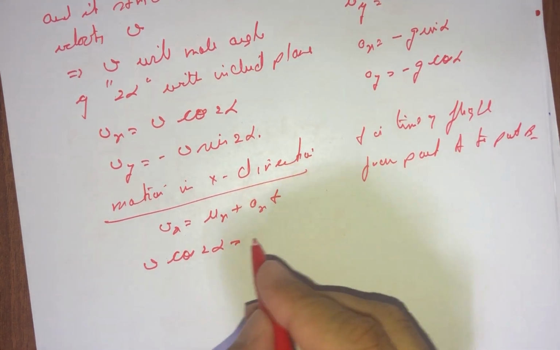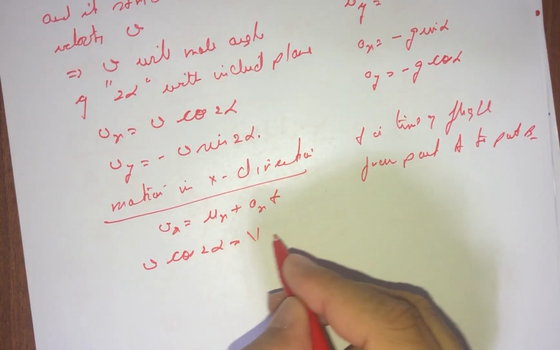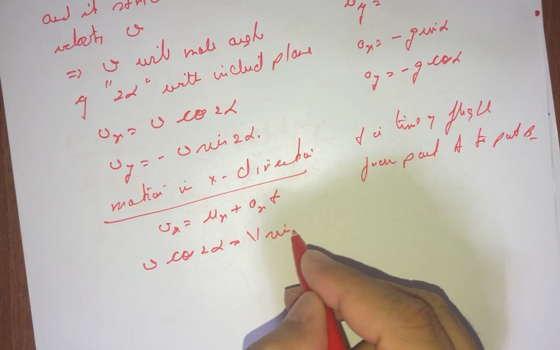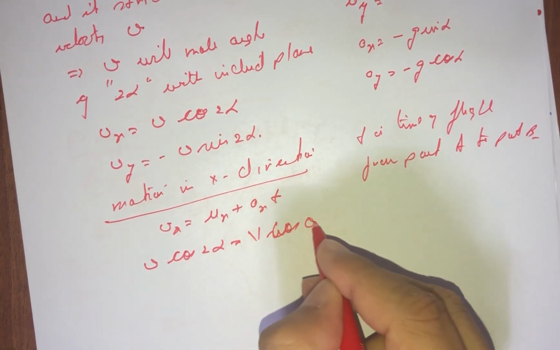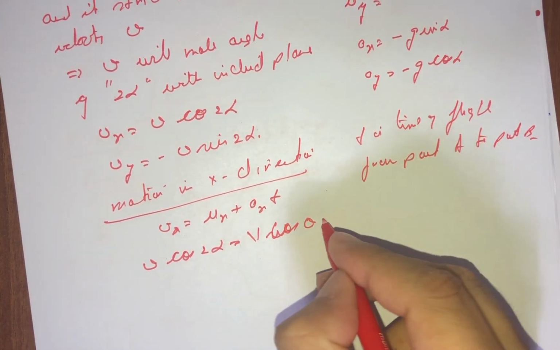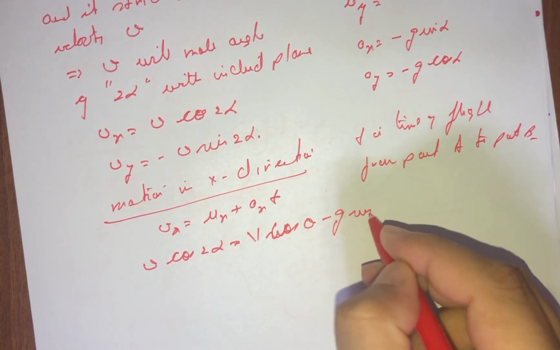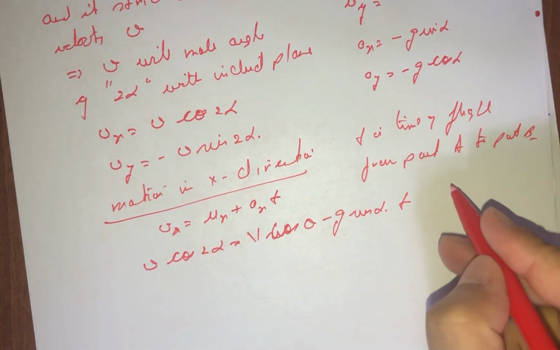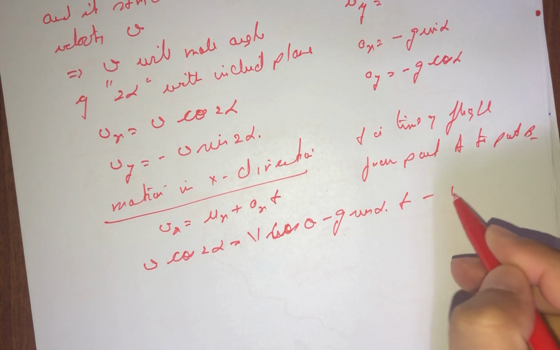We substitute the value of ux, that is V cos theta. ax is minus g sin alpha, so minus g sin alpha into t. Let us call this equation number 1.